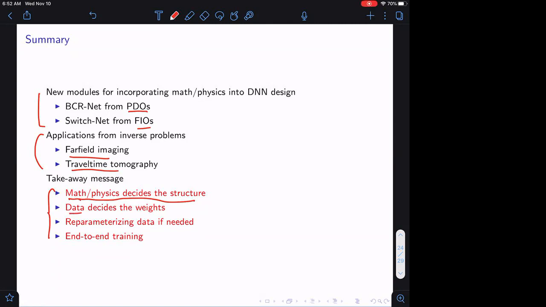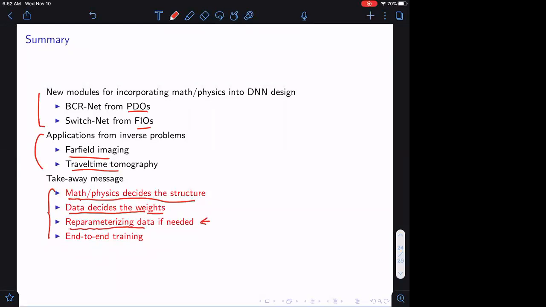But at the same time, the weights of the neural network need to be tuned from the training data, because this is the lesson that people learn from working on various AI applications: everything has to be tuned end to end to get the best performance.